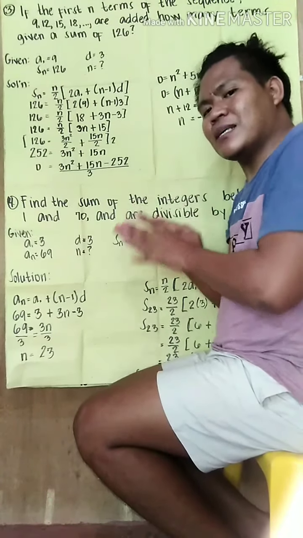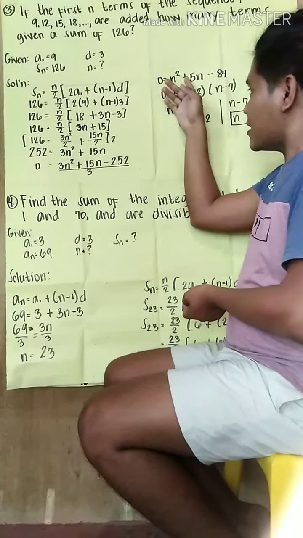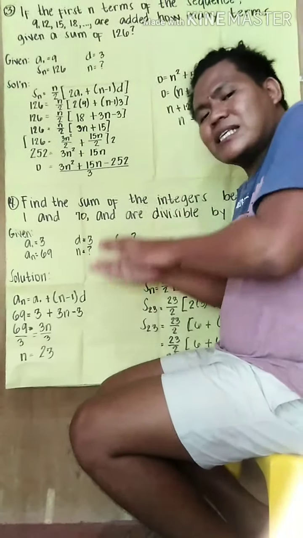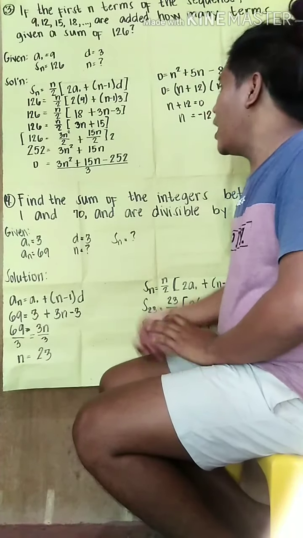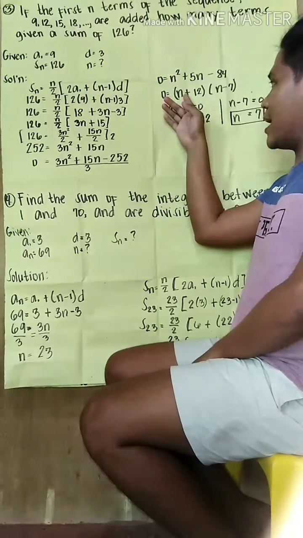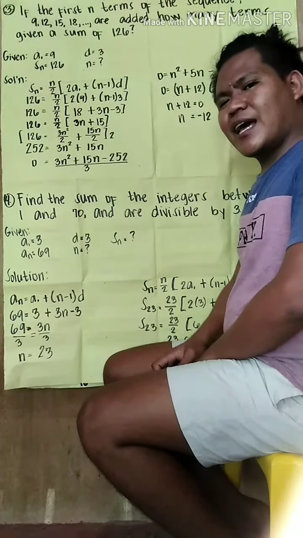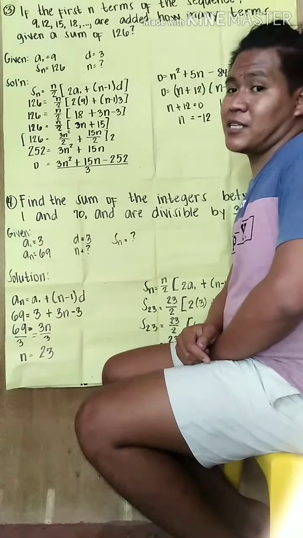And since we have simplified our answer to n squared plus 5n minus 84, and it can be factored, the factored form of n squared plus 5n minus 84 is n plus 12 and n minus 7. How do we get the factors of n squared plus 5n minus 84?